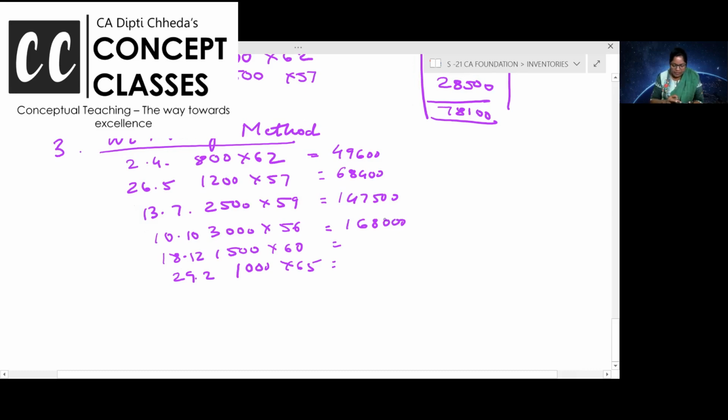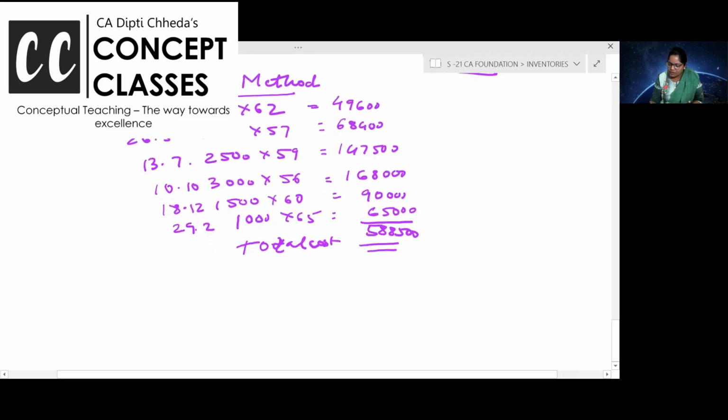Then we have 1,500 into 60. 90,000. And then we have 65,000. Total is coming to 588,500. This is the total cost.